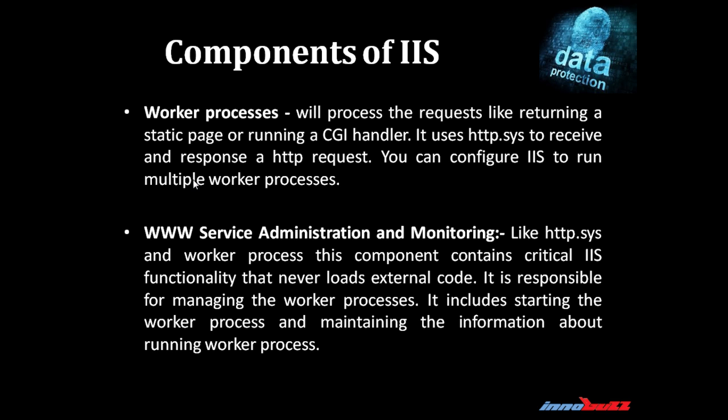Another component of IIS is WWW service administration and monitoring. Like http.sys and the worker process, this component contains critical IIS functionality that never loads external code. It is responsible for managing the worker processes, which includes starting the worker process and maintaining information about running worker processes.